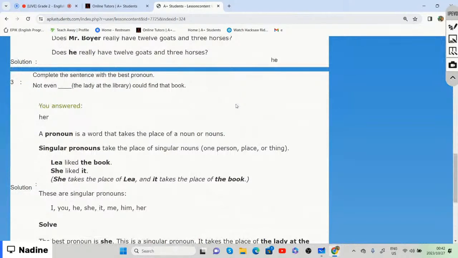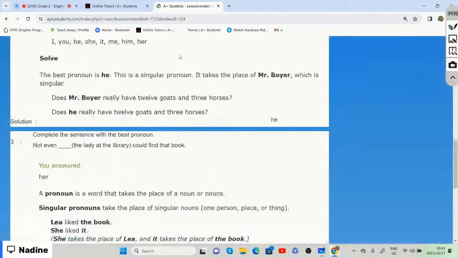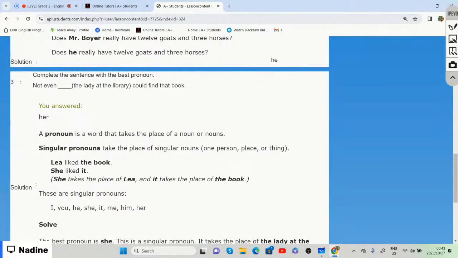Not even the lady at the library could find that book. We can then replace the lady at the library with her. So, not even she could find the book.